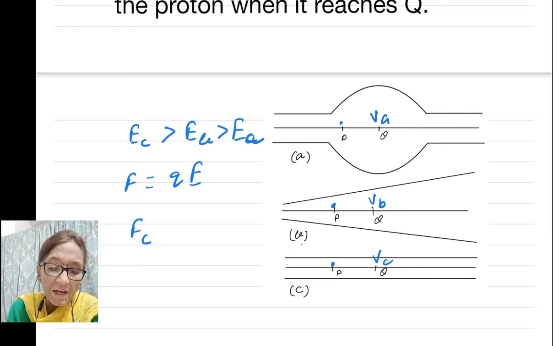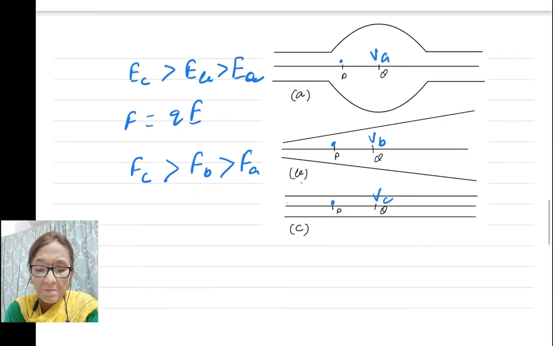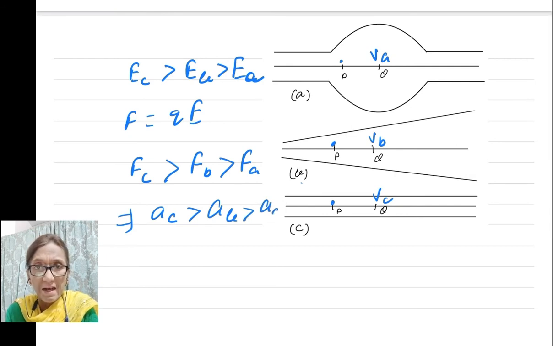Force would be highest in the case of C, then force of B, and force in case of B should be greater than force in case of A. So we obtained force, and this is why acceleration in C should be greater than acceleration in B, and it should be greater than acceleration in A.